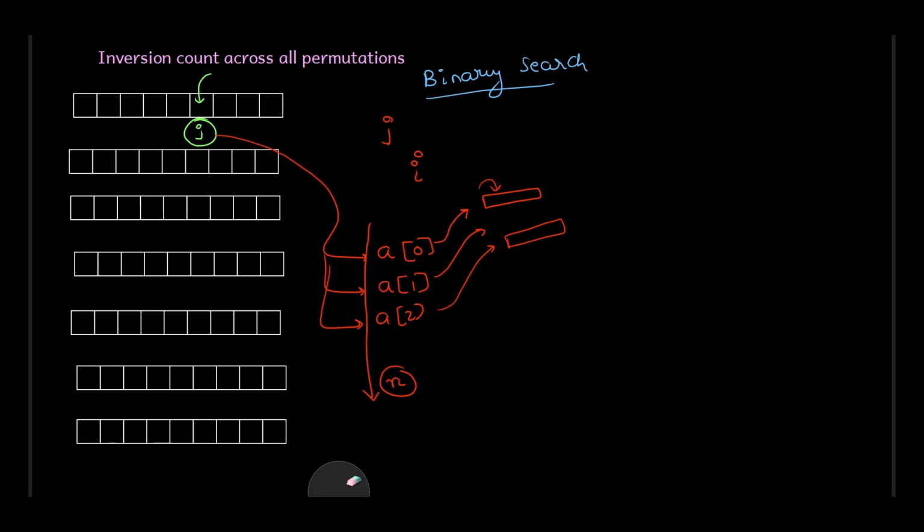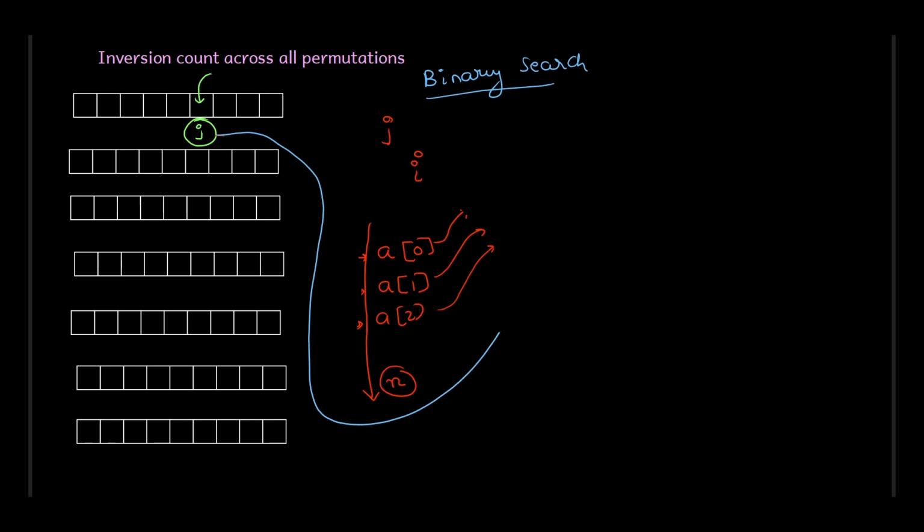So far we have been trying to find the contribution by fixing some i and fixing some j. But let's look at it from a holistic point of view: what happens when you want to find out the contribution of this index i and this index j? a[x] could go over here, and what could go over here is a[y].